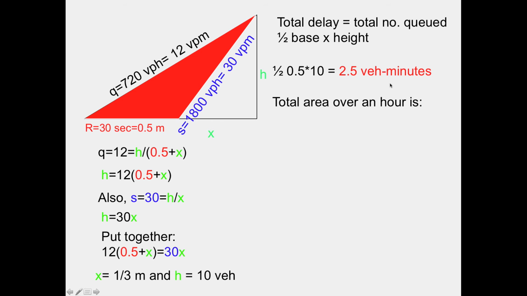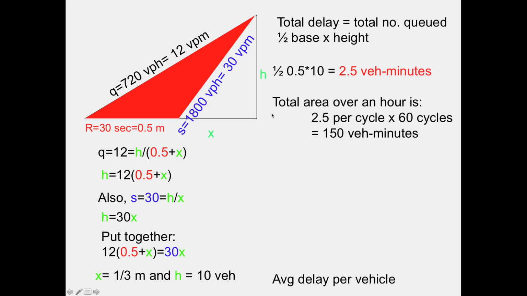The total area over an hour, right? There are 60 cycles in an hour because the cycle length is 60 seconds. So the total area during the hour is 2.5 times 60, or 150 vehicle minutes. That's the total area between those arrival and departure curves.